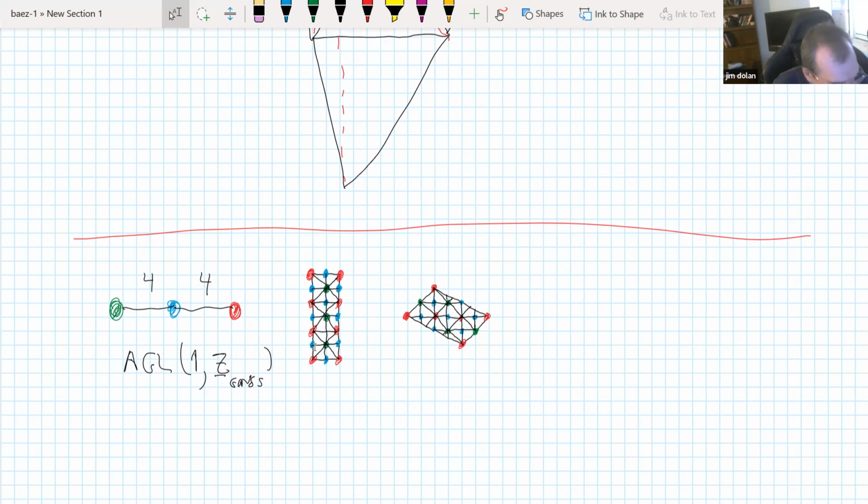So how does that work? I think it's something like, yeah, it's the 180-degree rotation.